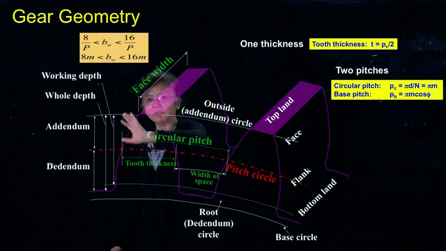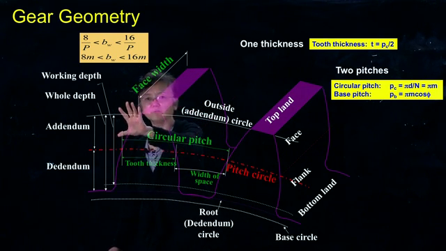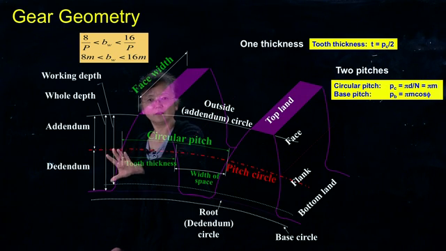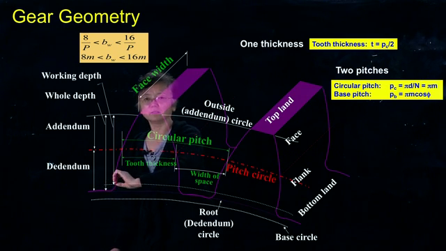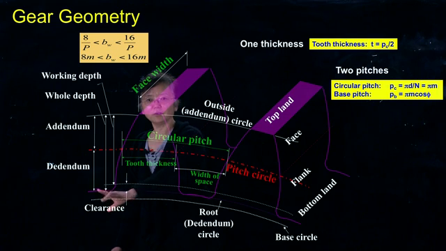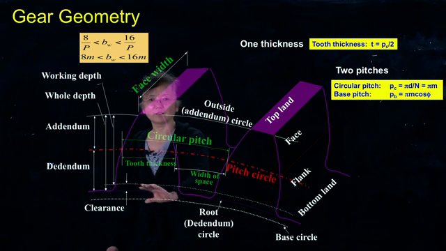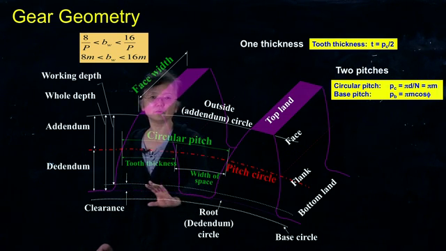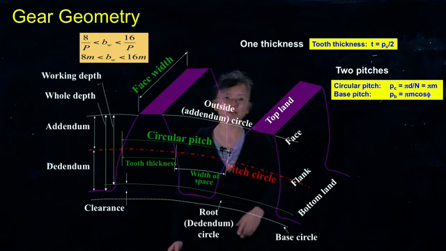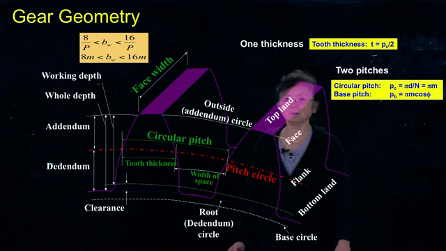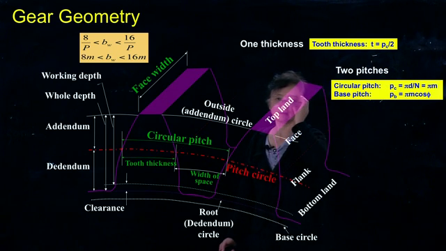With the addendum and a portion of the dedendum, we can define the working depth, not the whole dedendum portion. That leaves us a clearance, and this clearance is very important in engineering. We use it for lubrication purposes, thermal expansion, and some other things.